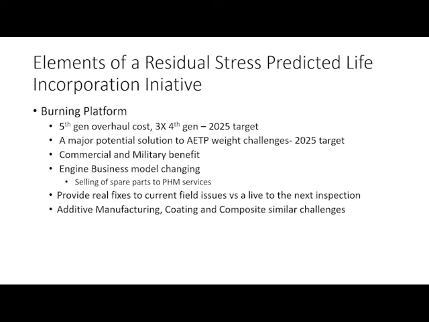The engine business model is changing from selling spare parts to a PHM activity. So it is one that I think is a win-win for both the military and commercial. And I think it'll allow us to provide fixes to current field issues that do pop up.